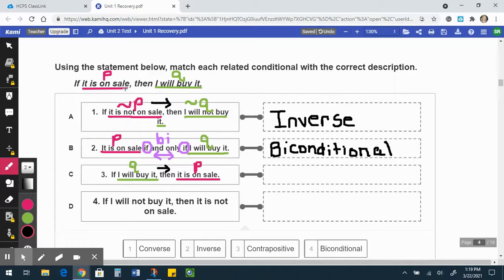So how does this compare to the original? I see the P was originally the first part, and now it's at the end. Q was originally at the end, and now it's in the front. So I would say that my Q and my P switched places.